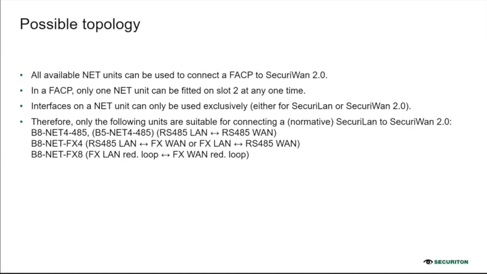So we need at least net 4. In the case we are going to use fiber optic, we need the card FX4 or FX8. FX8 has more ports, so you can also realize a mesh connection. You have more possibilities.